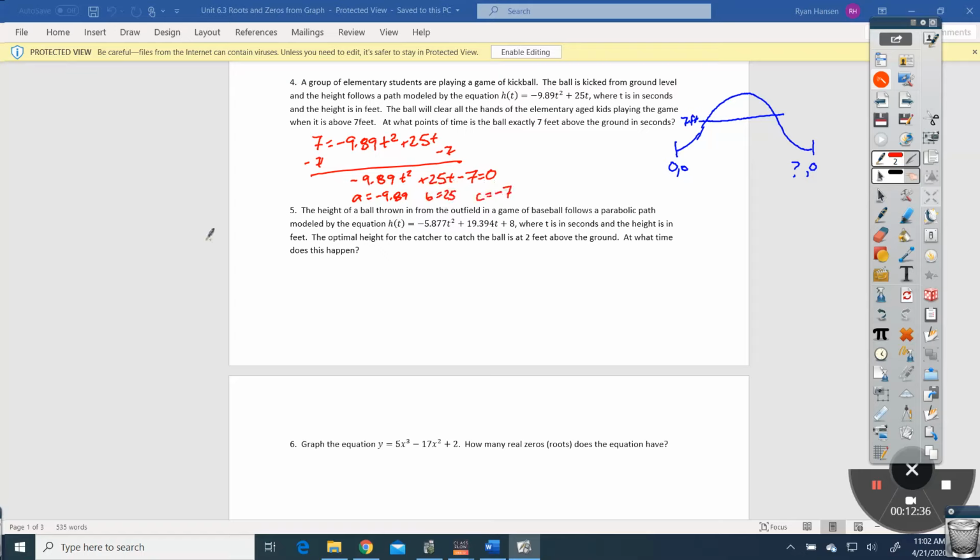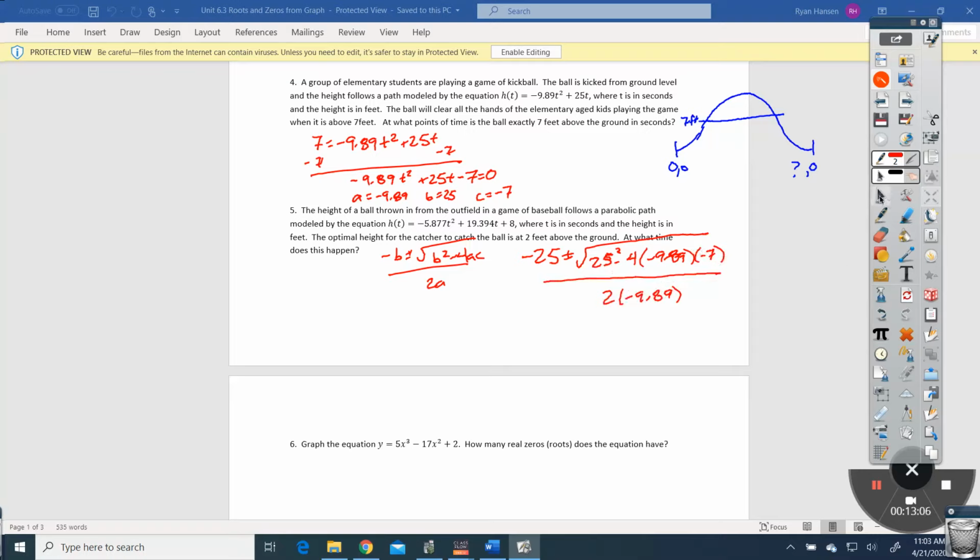So now I can plug that into our quadratic formula, which says negative b plus or minus the square root of b squared minus 4ac all over 2a. So what I have is negative 25 plus or minus the square root of 25 squared minus 4a c, which is negative 7. And all of that's going to be over 2a.